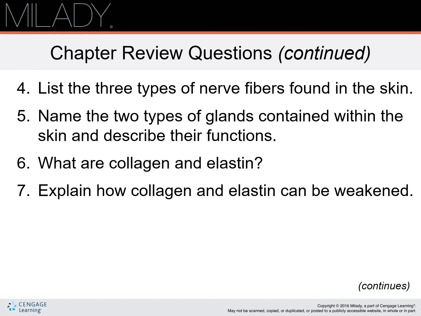What is collagen? What is elastin? How can that be weakened? Collagen is a protein that gives strength to our skin. Elastin gives us that elasticity, and it also forms elastic tissues.